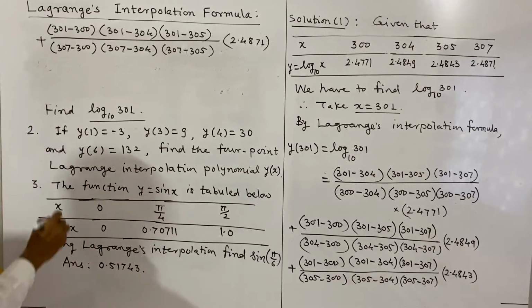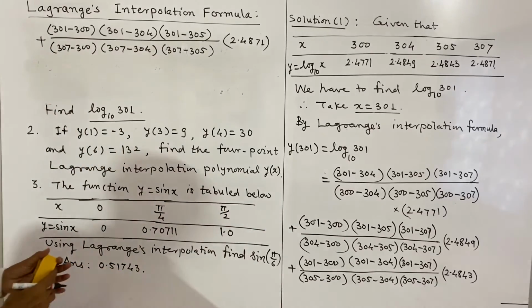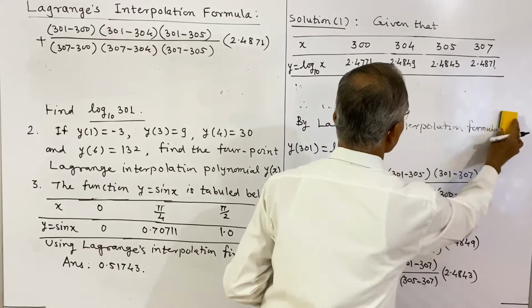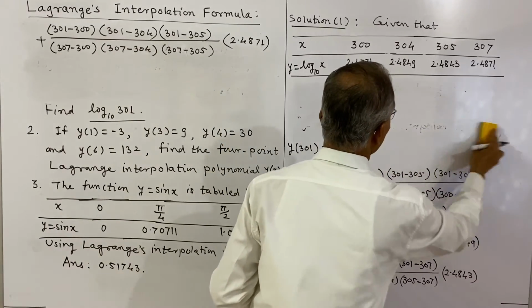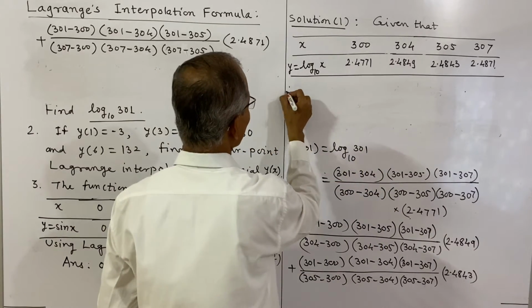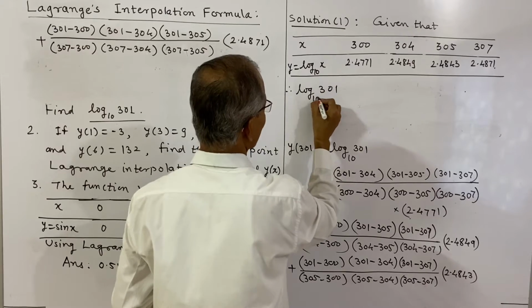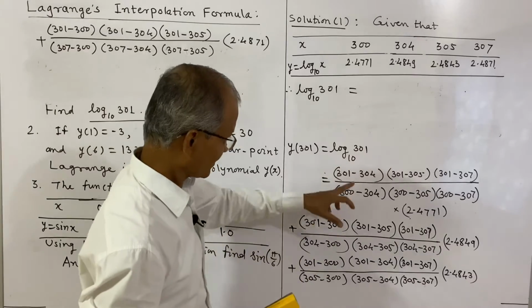So this is y of 301, and that will be equal to. So I shall write the values here, that is log of 301 to the base 10 is equal to. Now you see these are easy to calculate.